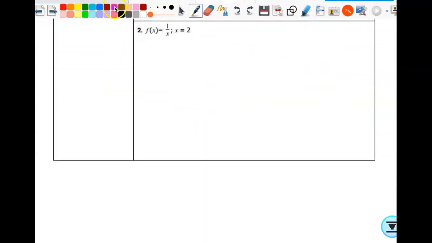So I'm looking for the slope that's equal to the limit as h approaches 0 of, okay, so it's f of x plus h, so that's f of x is 2 plus h, minus f of x, oh, sorry, it is f of x, but what is x? 2, which is what I'm going to put there, all over h.